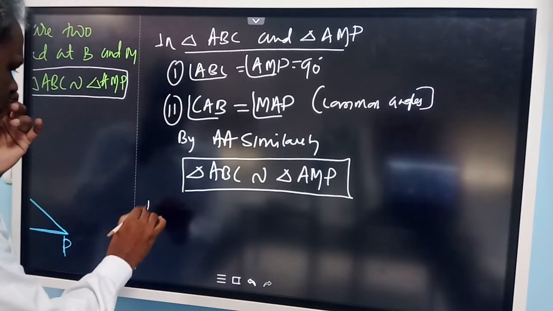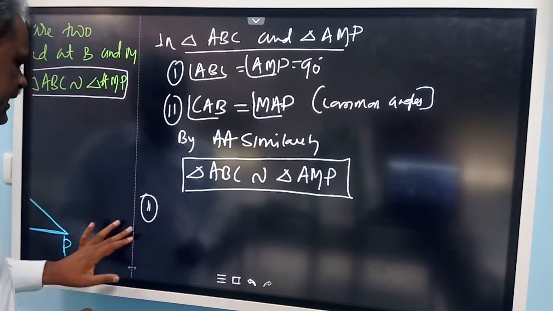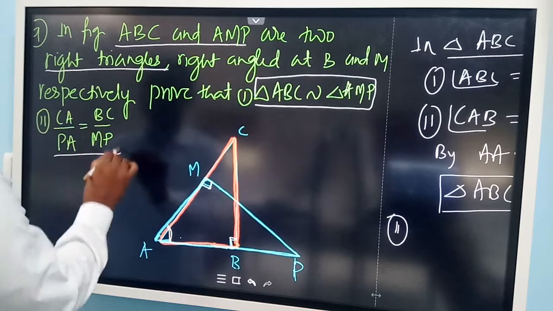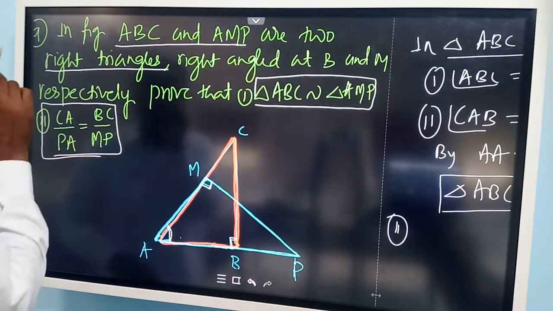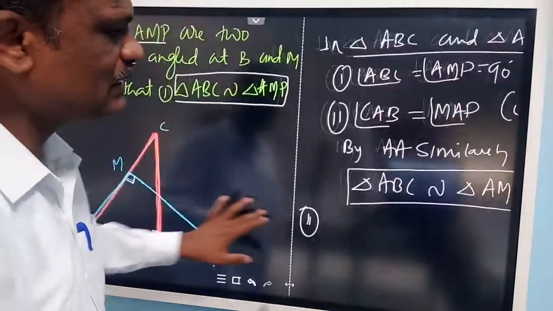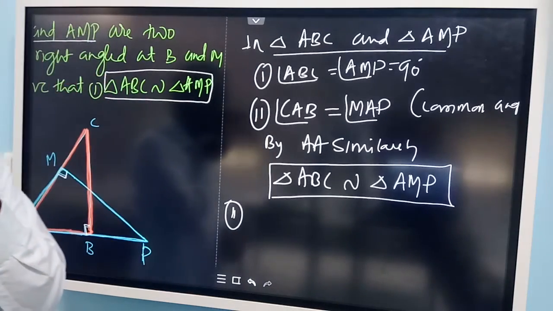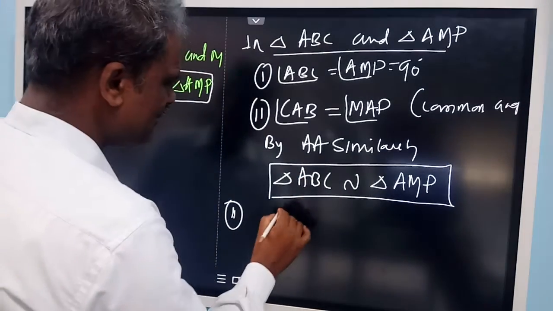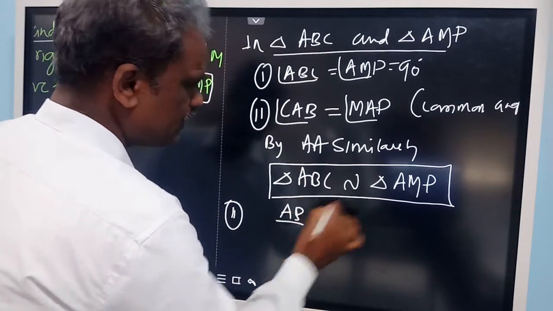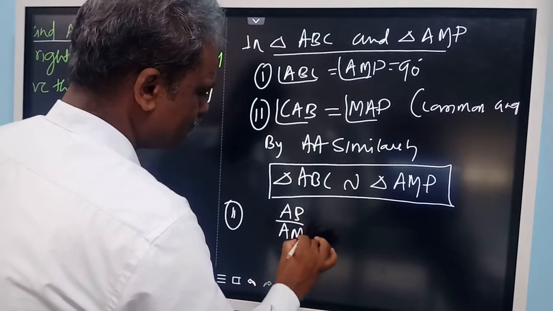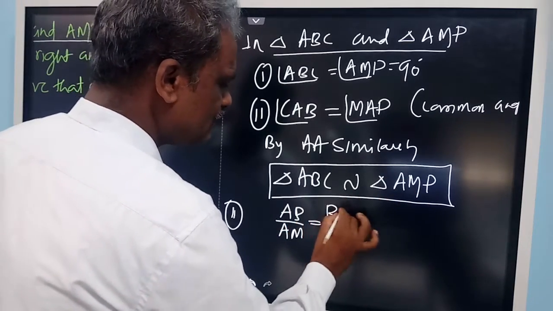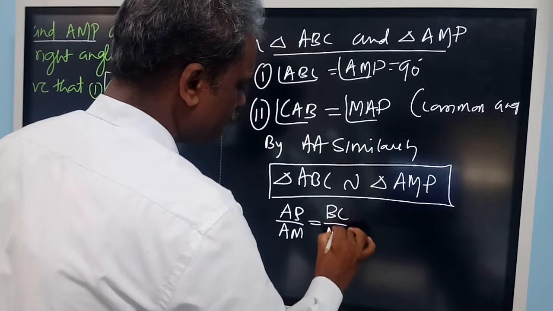For the second question, we have to prove that CA by PA. This one we have to prove. Since the triangles are similar, I can write the sides are proportional. All the three sides: AB, corresponding side AM, is equal to BC, corresponding side is MP.